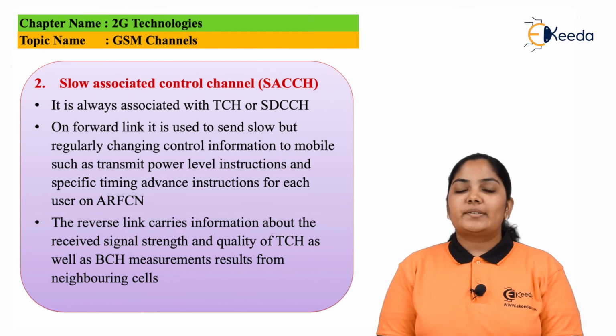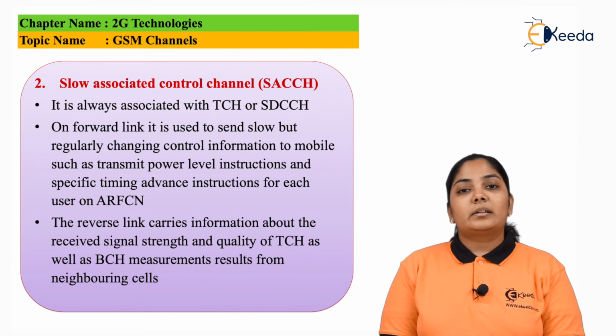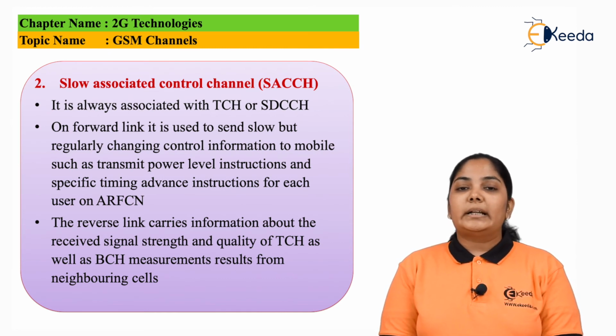It also gives certain advance information regarding the power. That is, if the user is moving away from the base station, then the power levels are constantly decreasing. Hence, the requirement of a handoff may occur. Hence, this slow associated control channel helps the base station identify such users.